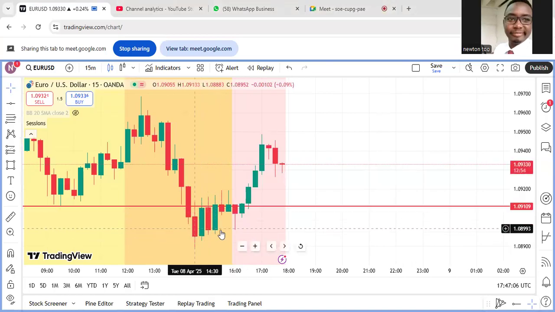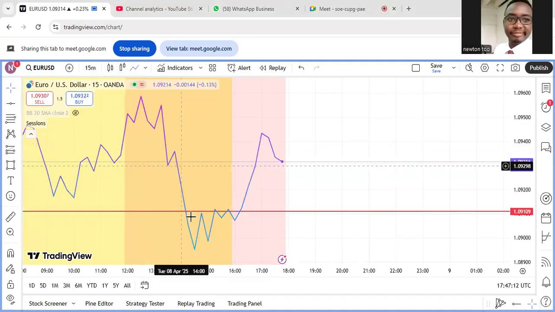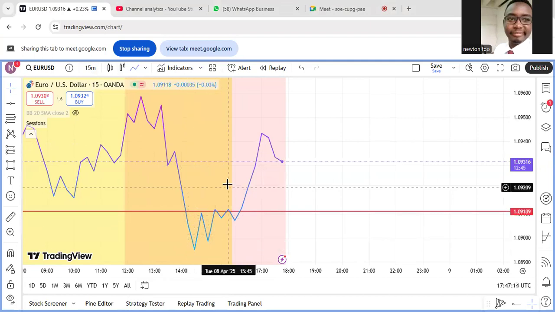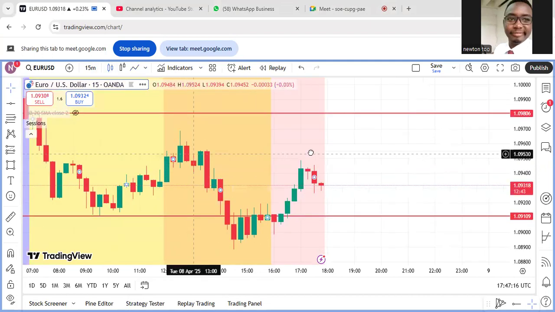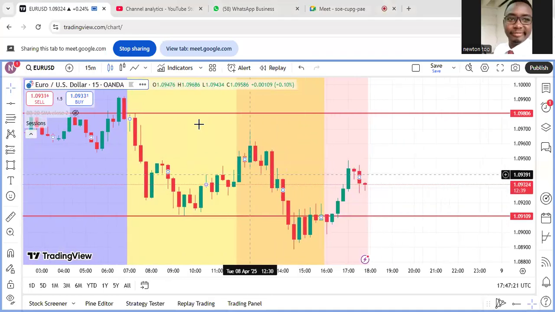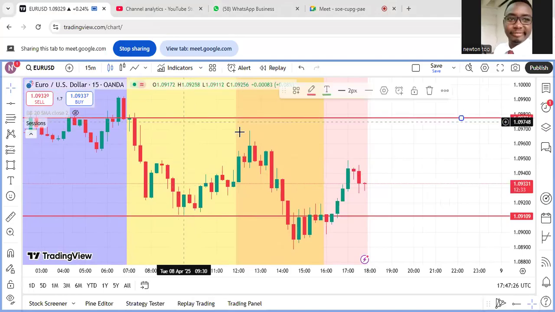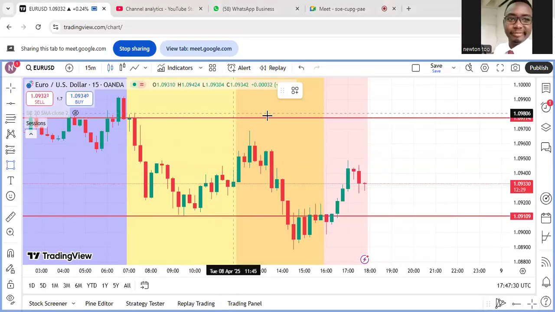If you really want to confirm it's a W pattern, you can set a line chart. See, it's a W pattern. Then the market went up. Another entry you could have waited for the market to confirm is at the high of Asia, at the high of London.